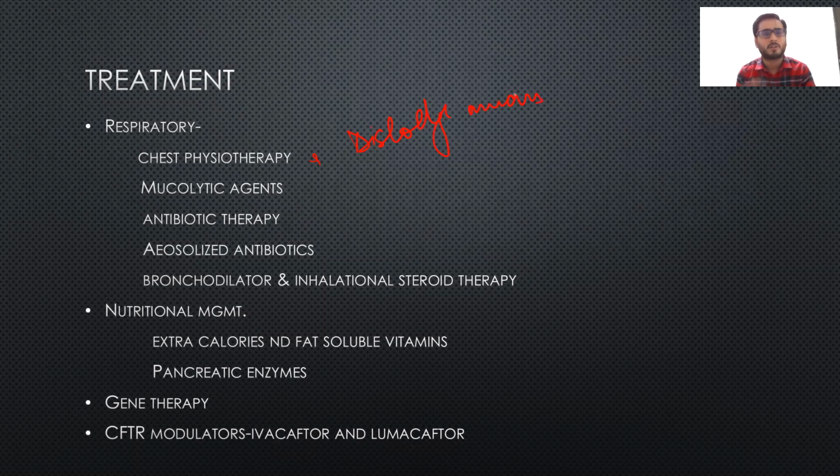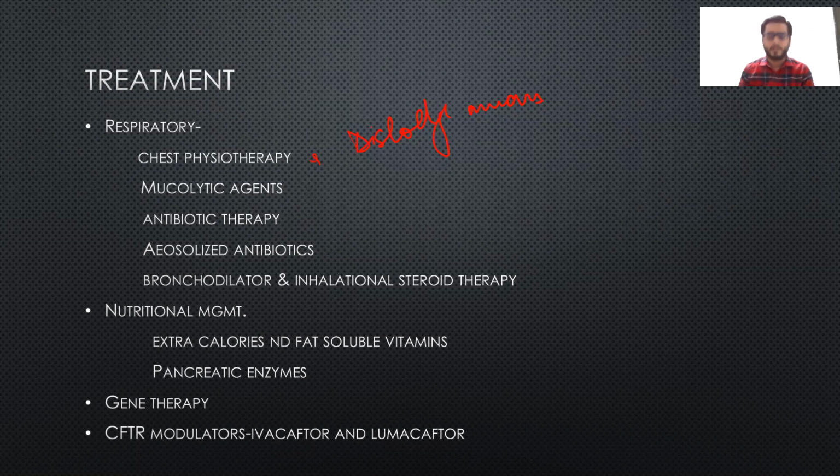There is a lot of sputum production. I've seen patients of cystic fibrosis keep on coughing, and sputum comes into the mouth, and they keep on collecting it. So this is chest physiotherapy, which has a very important role to play.